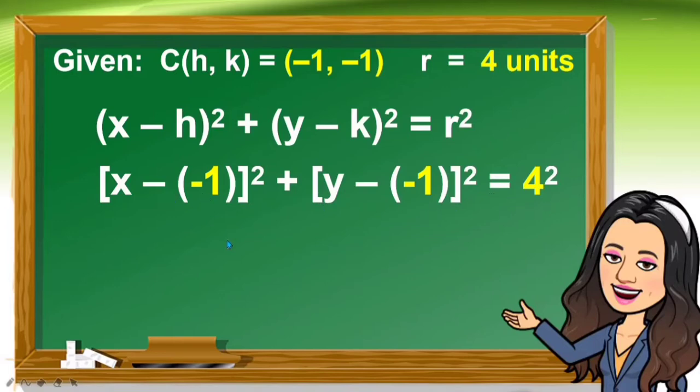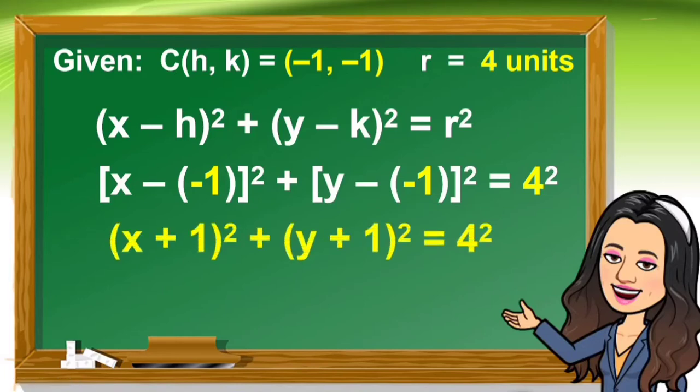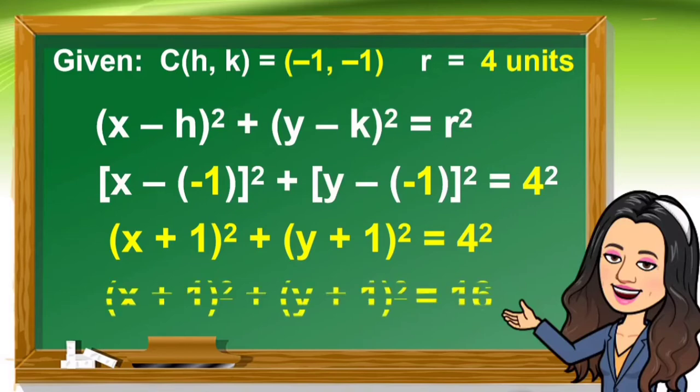Simplifying both sides of the equation, that is the same as the square of the quantity x plus 1 plus the square of the quantity y plus 1 is equal to 4 squared, which is the same as the square of the quantity x plus 1 plus the square of the quantity y plus 1 is equal to 16.